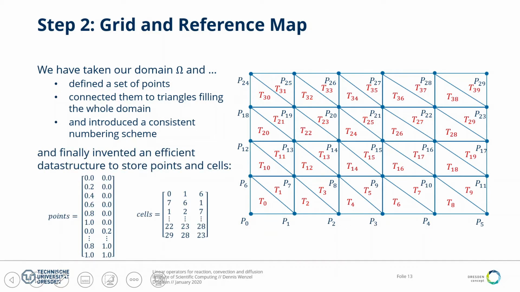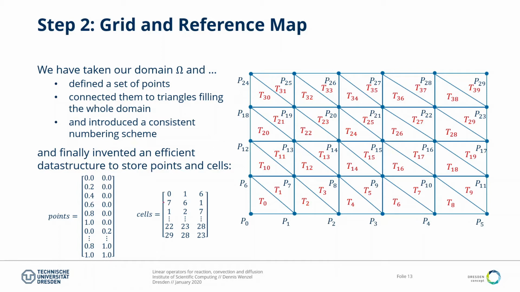And this is then put into an efficient data structure. For this, we have chosen to separate the information into two arrays, one containing floating point numbers with the coordinates of all points. Because we're in 2D, this is a 2-column matrix. And then another one with the indices of points that form cells. And here comes this numbering that I was just talking about.